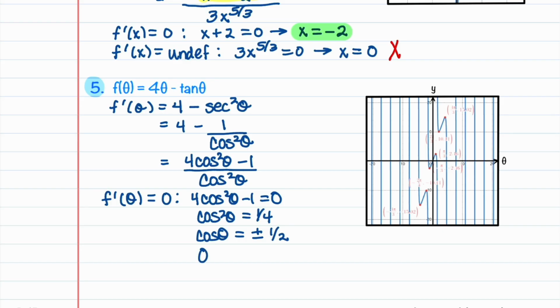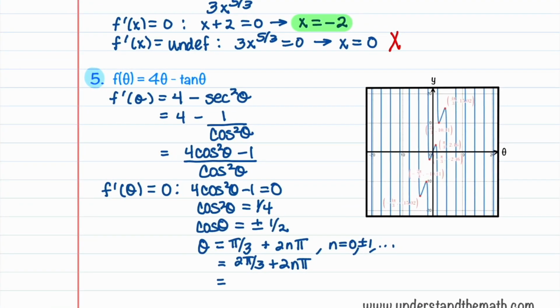So we're going to have theta is equal to pi over 3, because cosine pi over 3 is 1/2. And now to account for all the other values that are not between 0 and 2 pi, we have to say plus 2n pi, where n is equal to 0, plus or minus 1, etc. And then we have theta is, in the second quadrant, 2 pi over 3, plus 2n pi.